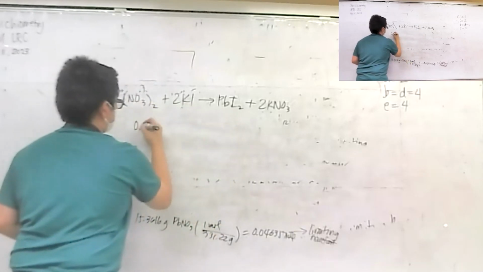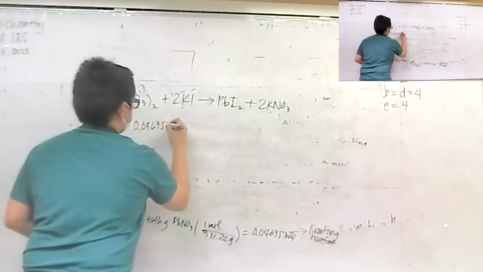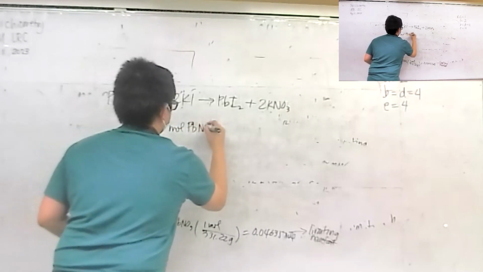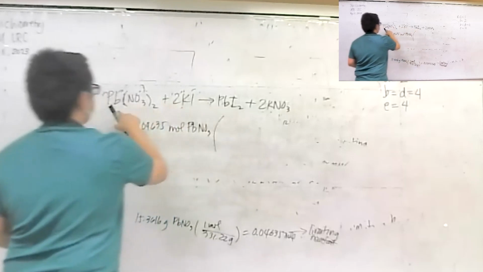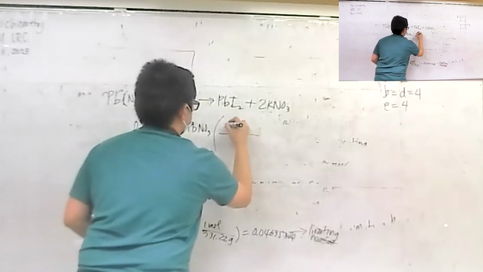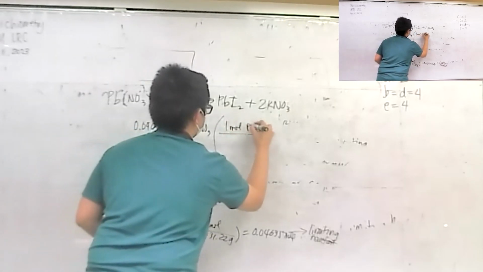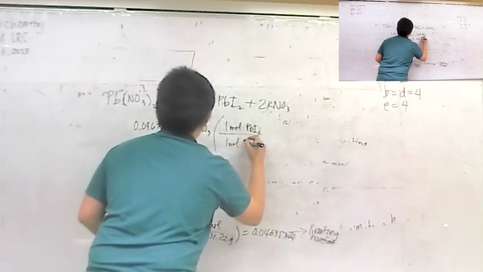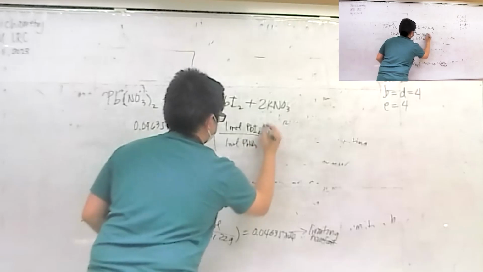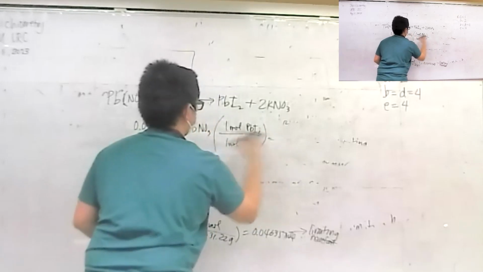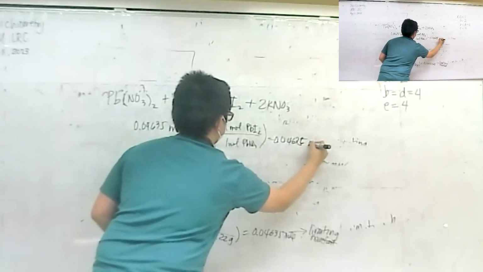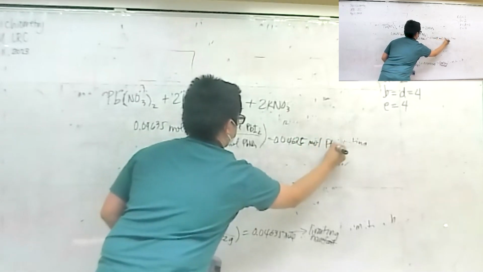So that conversion is just moles PbNO3. So nakita natin from here, 1 is to 1. 1 mole PbI2 and then 1 mole PbNO3. So that is just equal to 0.04635. Since equal naman sila, equal rin yung kanilang moles.